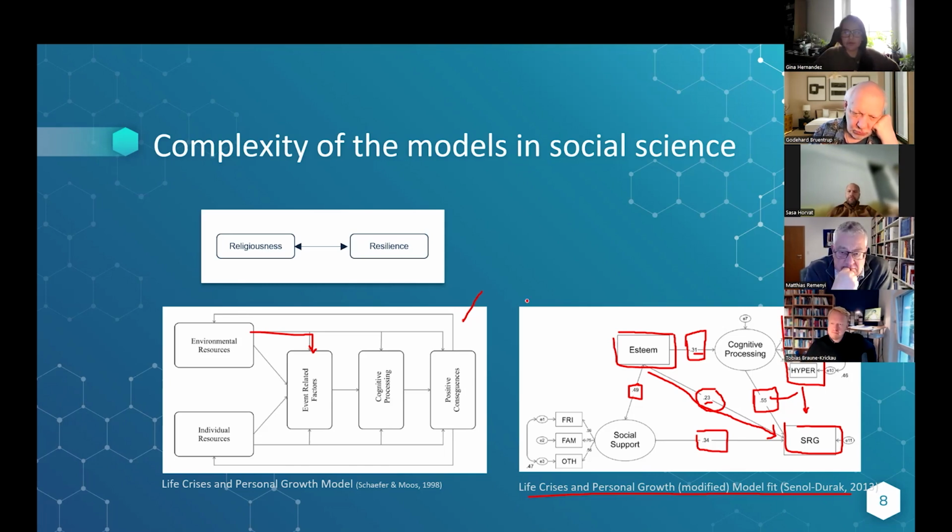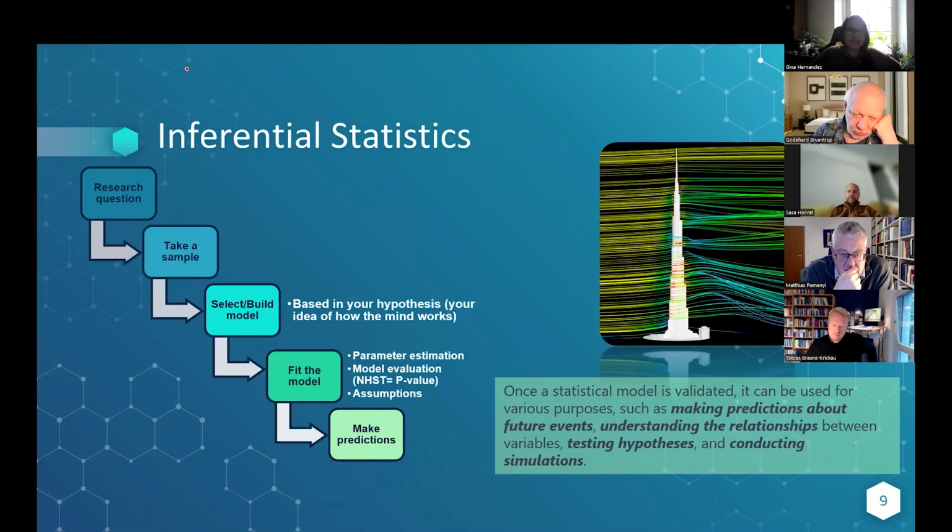Okay, so let's continue. Okay, so let's wrap it up. Inferential statistics. So we start with a research question. We take our sample. We select the model that we have to use, or we build our model, like in the case of structural equation modeling that we just saw. There we are building the model. And then we fit the model to our data.